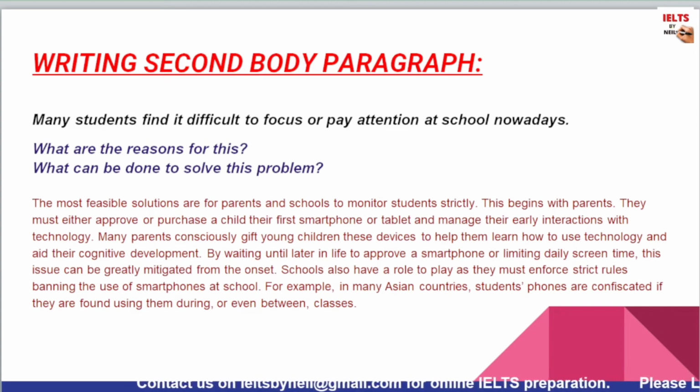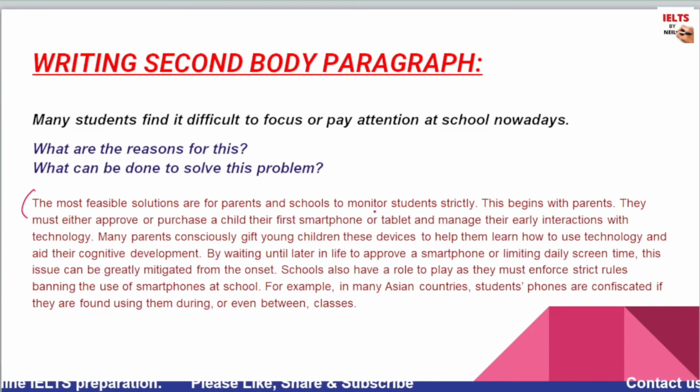Moving on to the second body paragraph. In the second body paragraph, as we've discussed, we have to write two solutions for the same problem. So this is an outline statement that I've done. The most feasible solutions are for parents and schools to monitor students strictly. This begins with parents. They must either approve or purchase a child their first smartphone or tablet and manage their early interactions with technology.